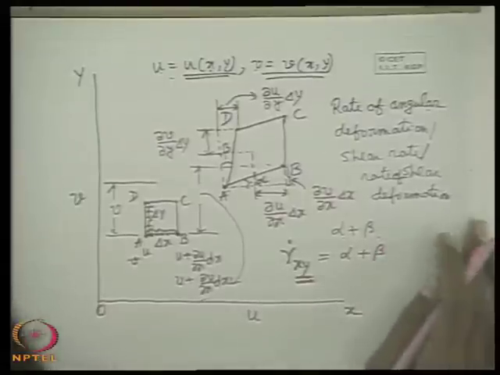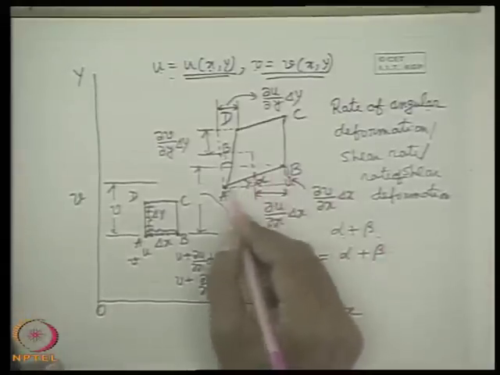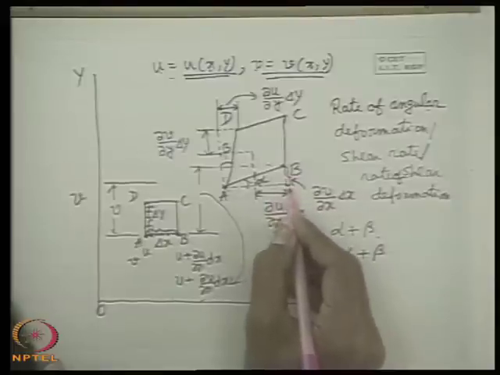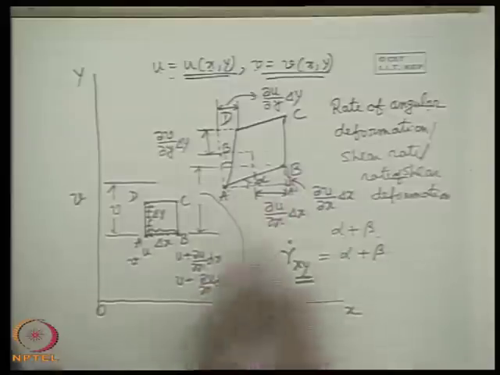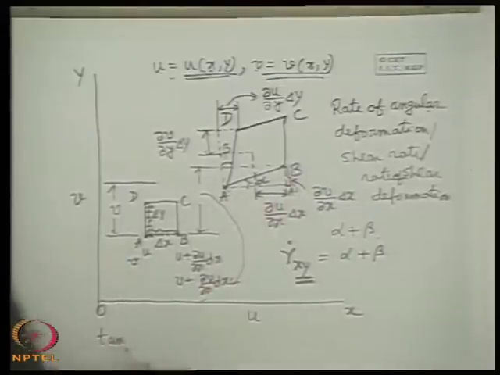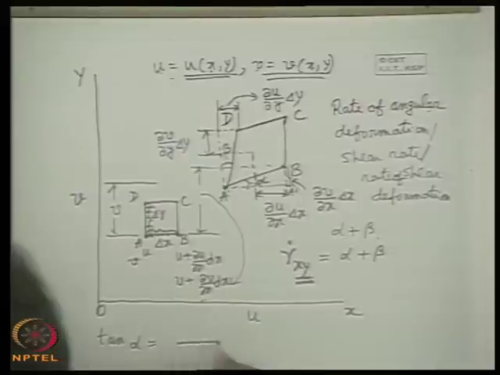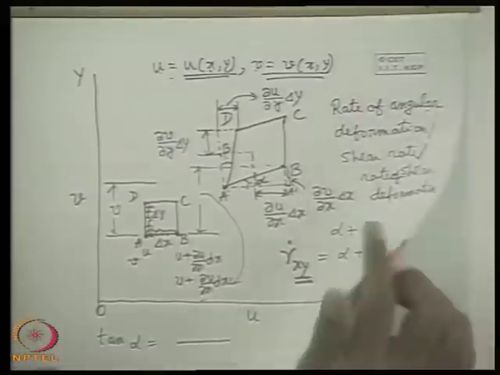Now, from simple geometry you see that in this triangle A, let us give some names, A dash, A dash B, is school level. So, tan alpha we can write, you see tan alpha is what?